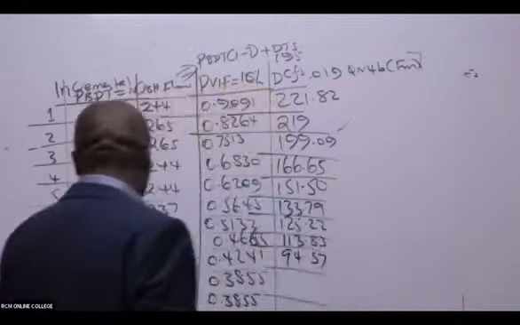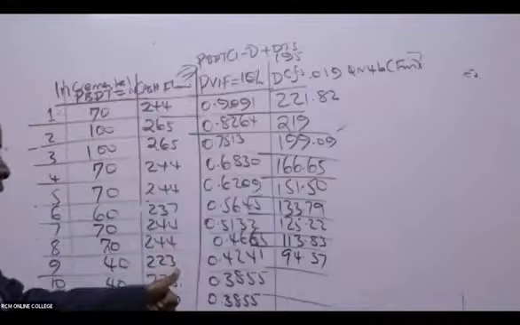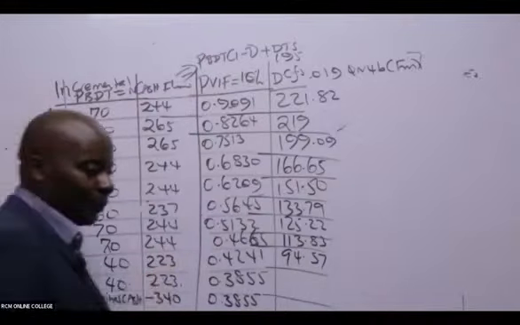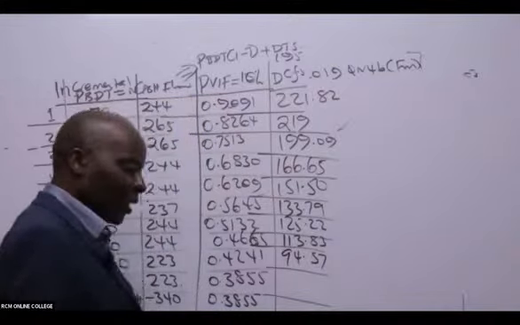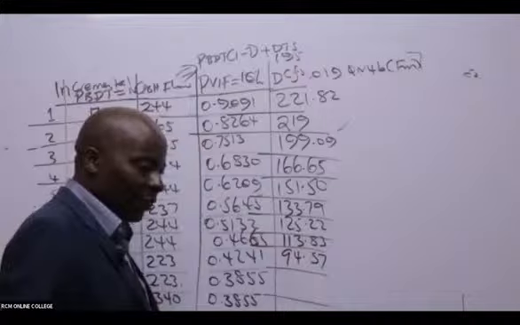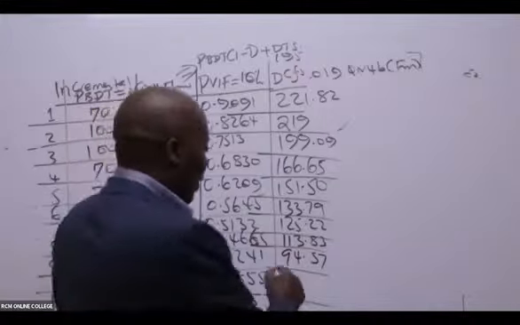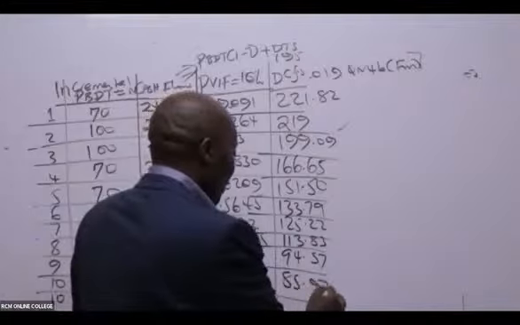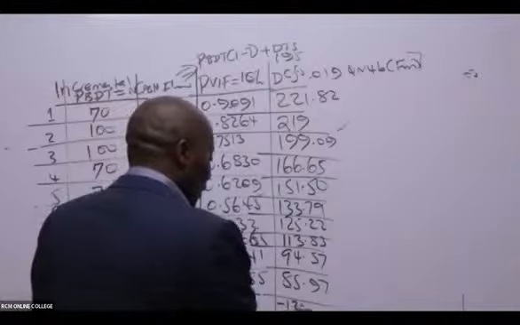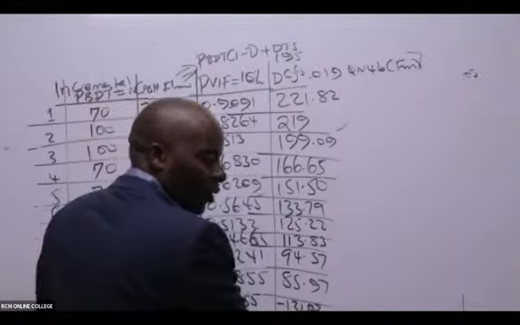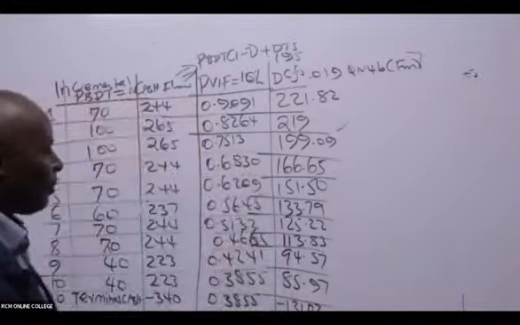Then we go to the second last, 223 times 0.3855, which gives 85.97. Yvonne, the one you gave me wasn't correct for the last one. It is 131.07.